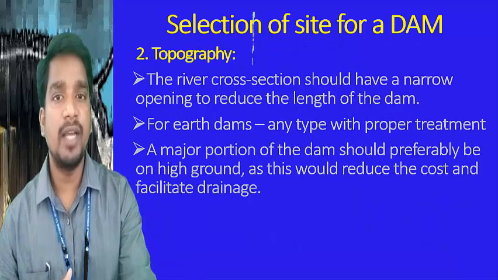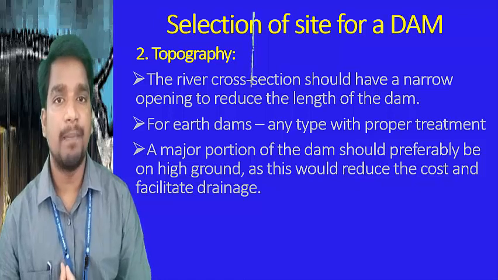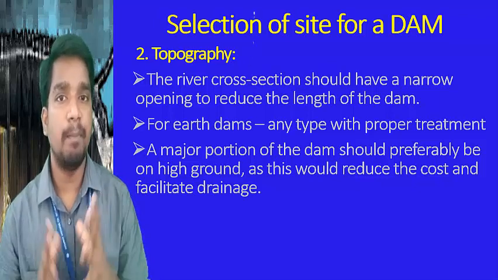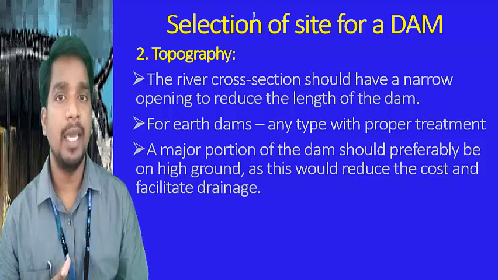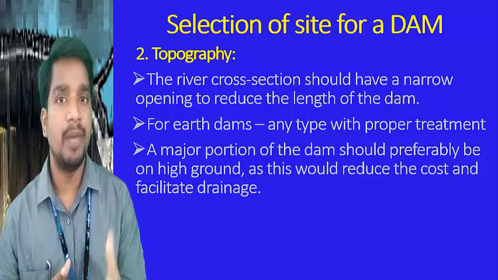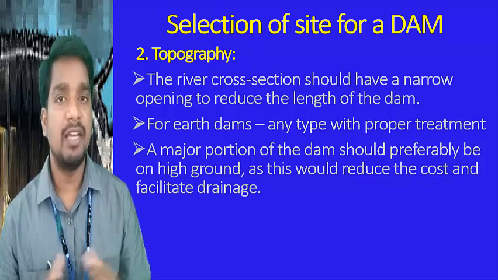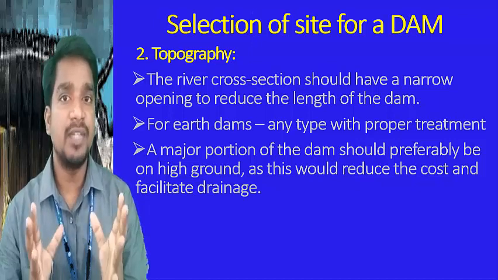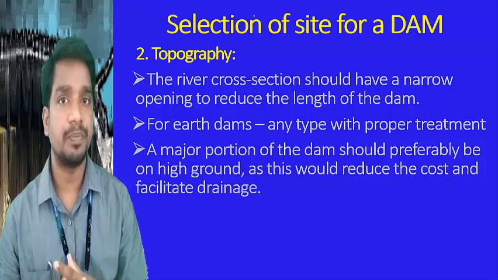Coming to the next one, topography of the dam. Why is topography so essential? The selected site should be such that the water spread area is minimum, so that we have minimum evaporation losses and less likelihood of weed growth, because the submerged area will be very small.